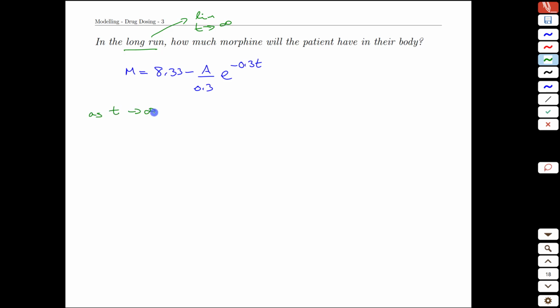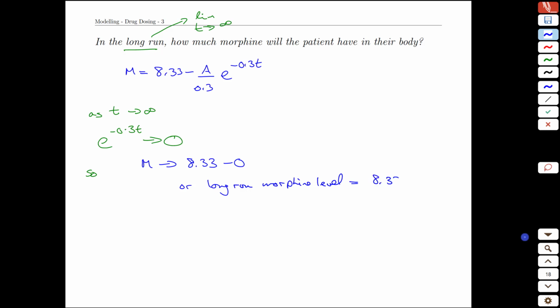As t goes to infinity, negative 0.3t in an exponent is going to go towards, that'll be an exponential decay. It's going to approach 0, and so m is going to approach 8.33 minus 0, or the long run morphine level is going to equal 8.33 milligrams distributed around the body.